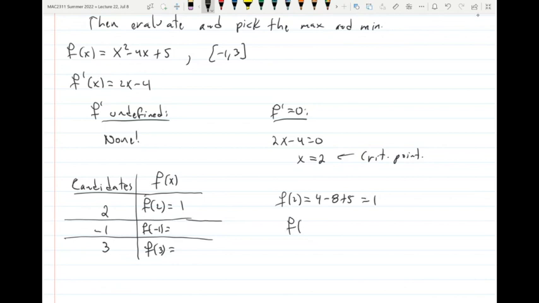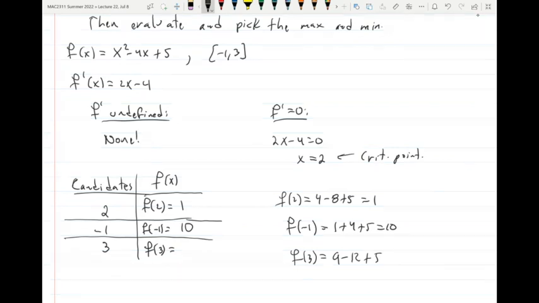Then f of -1 is going to be 1 plus 4 plus 5, so that's 10. And then f of 3 is 9 minus 12 plus 5. So that's -3 plus 5, which is equal to 2.